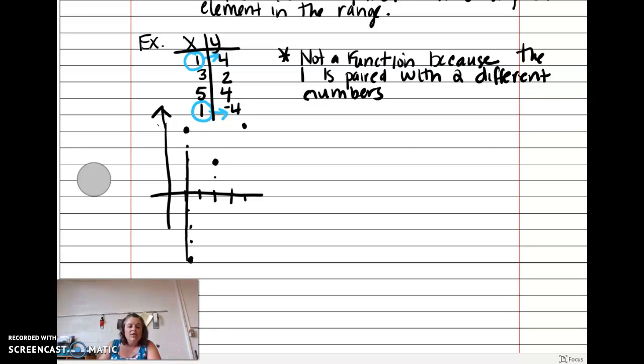So we have this line right here. We can't have any points in a vertical path, right on top of each other. We cannot have this. So this is a no-no.